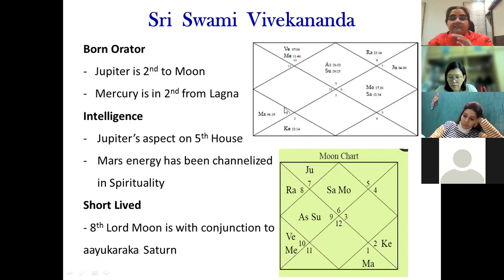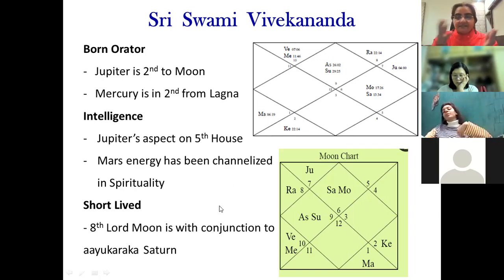Now, when we are talking about the fifth house, then who else is aspecting the fifth house? Then we consider that Jupiter is aspecting Mars. See, this way we should see the chart. Now Jupiter's aspect on the fifth house, and Mars energy has been channelized in spirituality.